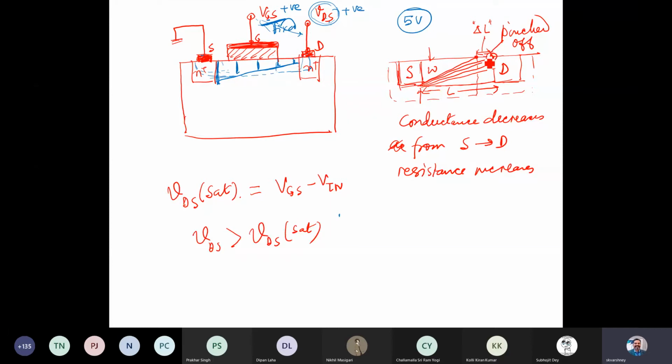So this small modulation, modulation means basically a small change that happens in the channel length, if we increase the voltage at the drain terminal.